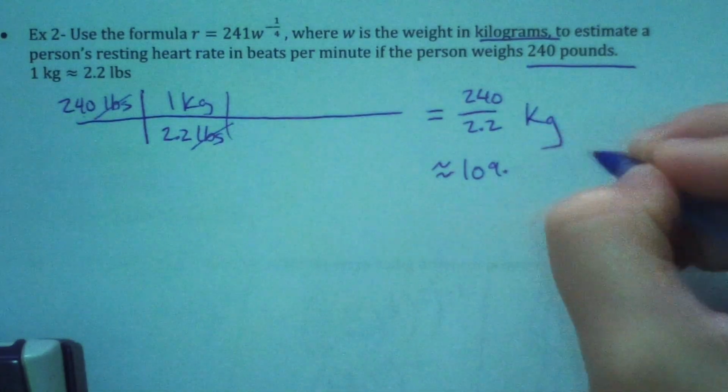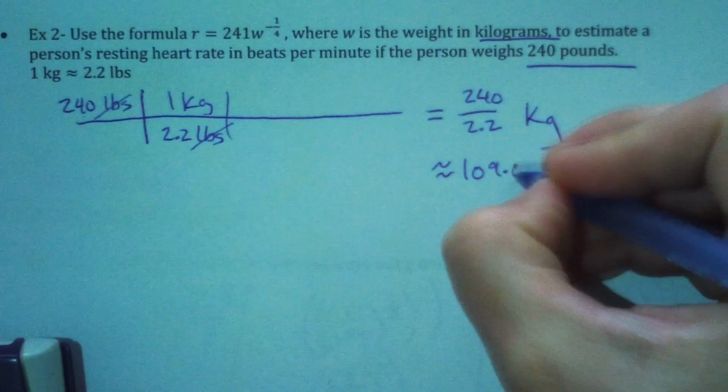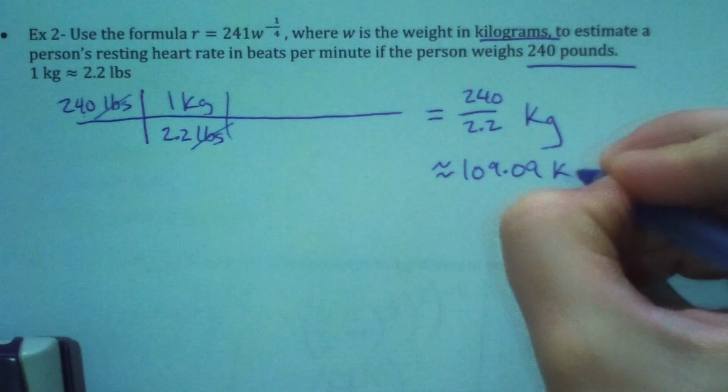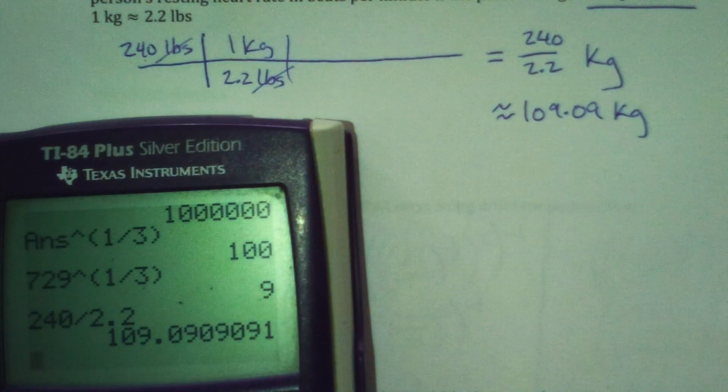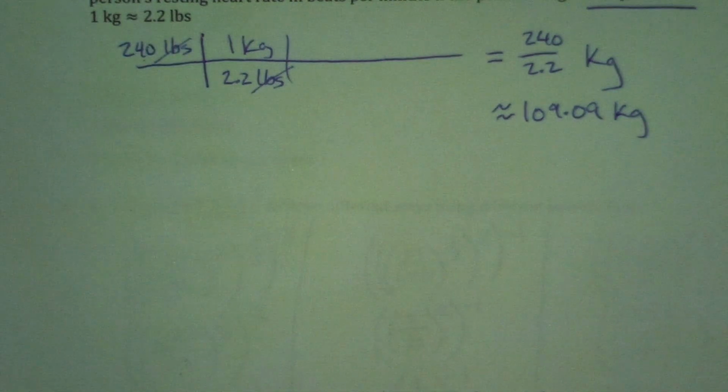If I take this and flip it, if it was just a regular number like this, what would the bottom of this originally be? Like if this was a fraction, what's the bottom of this fraction if it's just regular? Just a 1, right? So it's kind of like thinking of that over 1. So if we flip that then, we'd have 241 times 1 over that 109.09 to the power of a fourth.